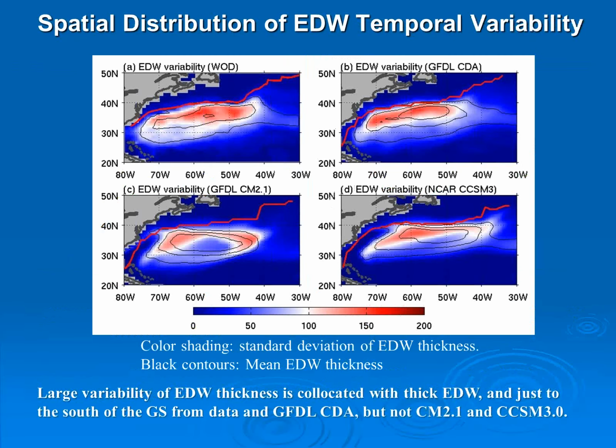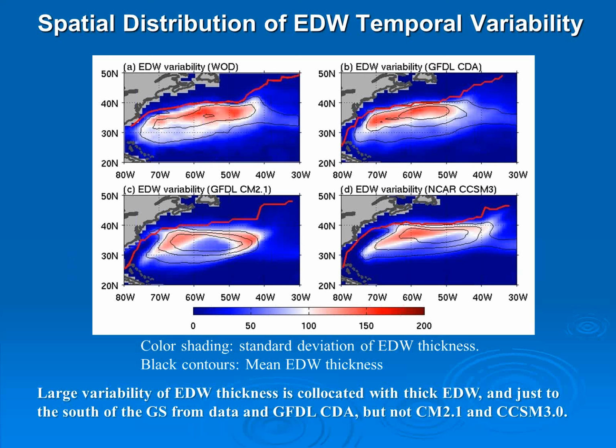This will show you the spatial distribution of interannual variability of EDW thickness in color. The black line is the EDW thickness, and the red line here is the Gulf Stream position.